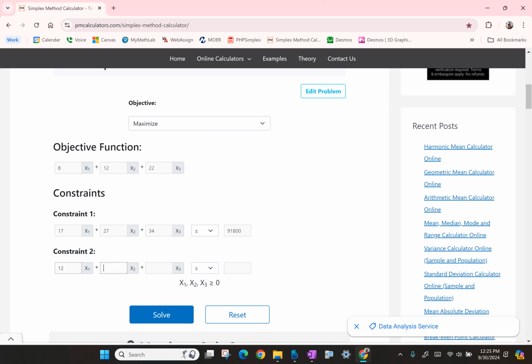The coefficients were 12, 21, 15, less than or equal to 42,000 units of aluminum. So I've got my objective function, it's a maximization problem, and the coefficients are there. I have my first constraint here, my second constraint here, and I'm going to click Solve.